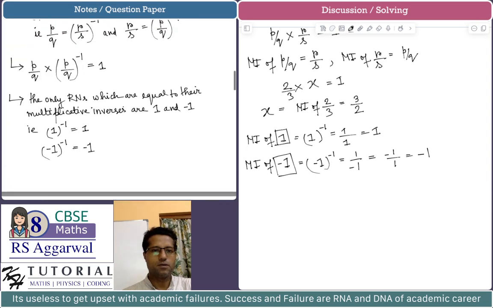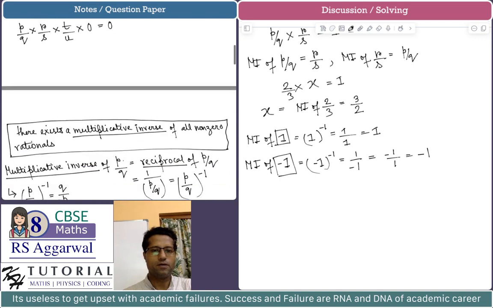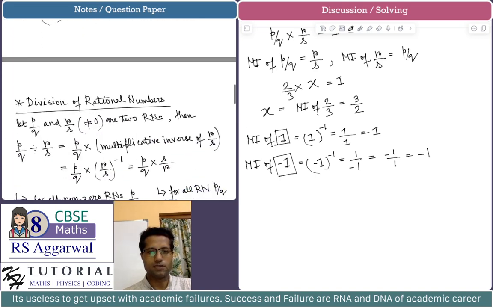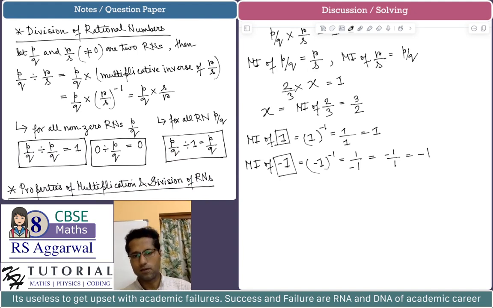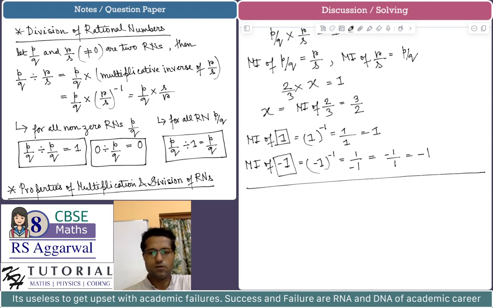Now comes the division of rational numbers. How do we divide a rational number by another rational number? Of course, the rational number by which we are dividing has to be a non-zero rational number. So let's say we are doing p by q divided by r by s, where p by q and r by s are two rational numbers.